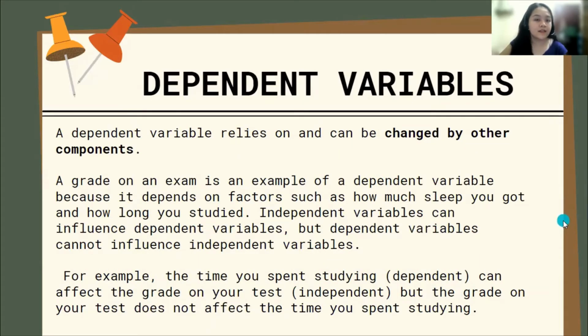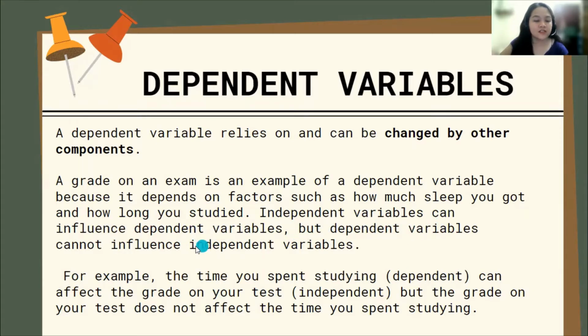Ano naman ang mga dependent variable? A dependent variable relies on and can be changed by other components. A grade on an exam is an example of a dependent variable. Bakit? Because it depends on factors such as how much sleep you got and how long you studied.